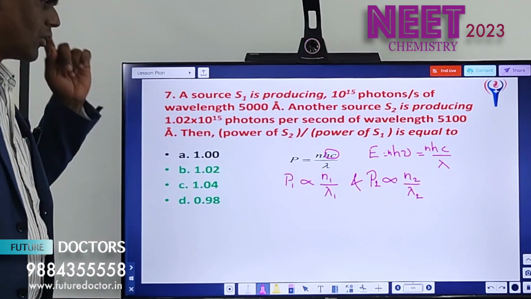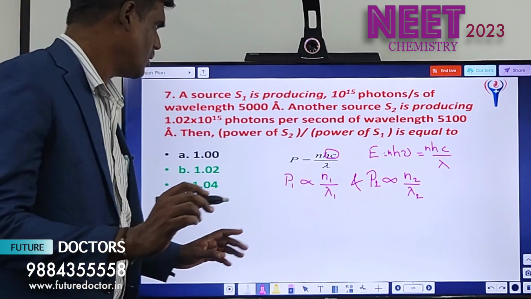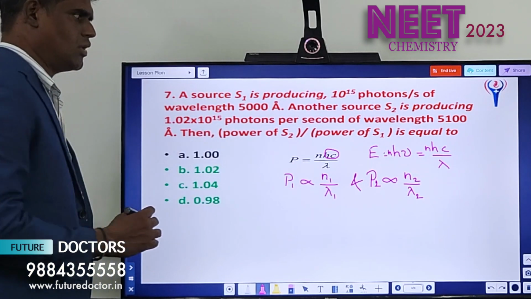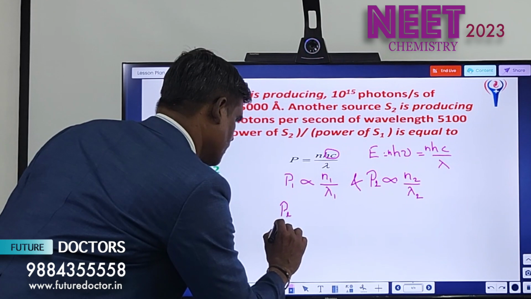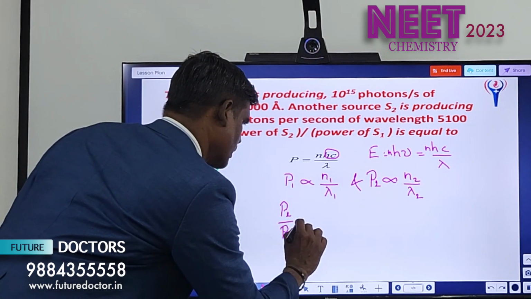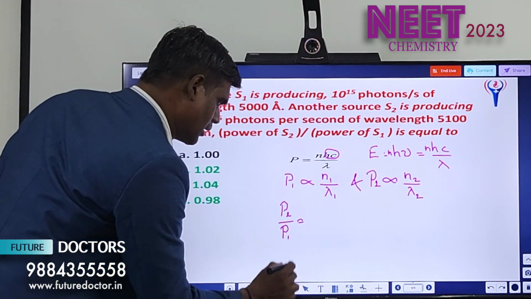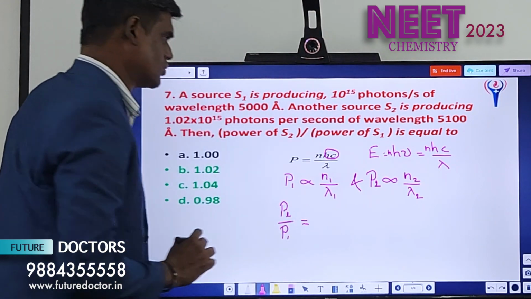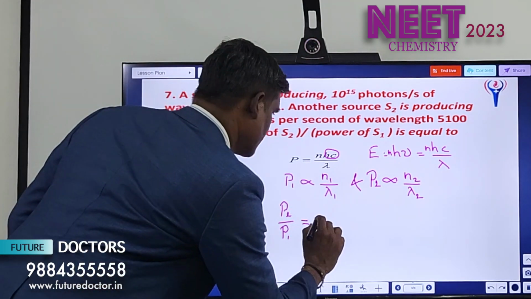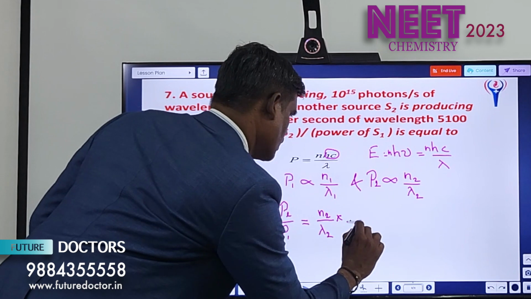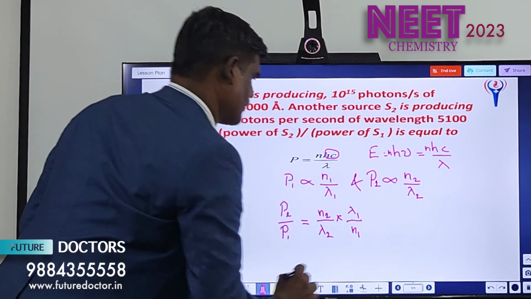And here we want to find P2 by P1 or P1 by P2. Is it P1 by P2? No. P2 by P1, because power of S2 and power of S1. Therefore, P2 by P1 equal to N2 by lambda 2 into lambda 1 by N1, it goes up like this.